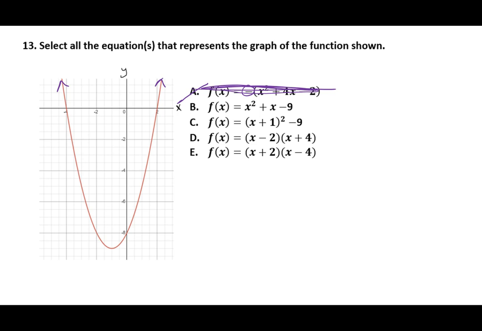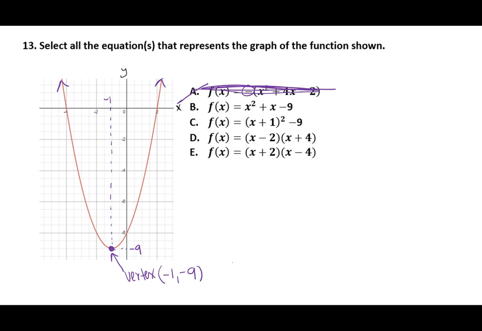Okay, next, before that, let's label my vertex. My vertex is -1, -9.